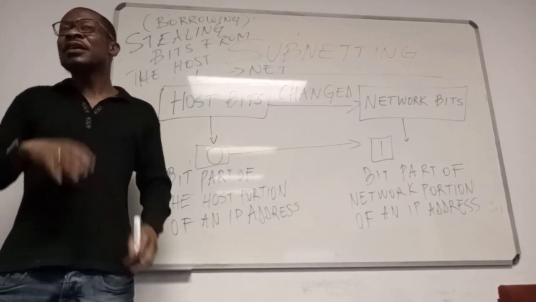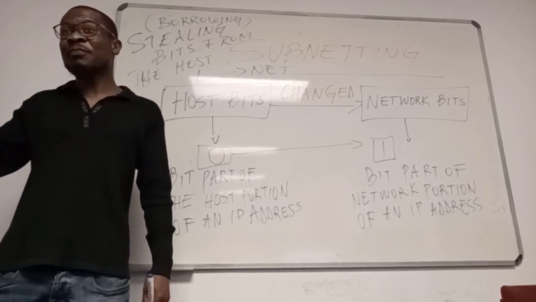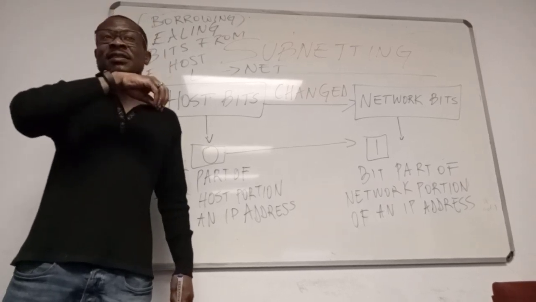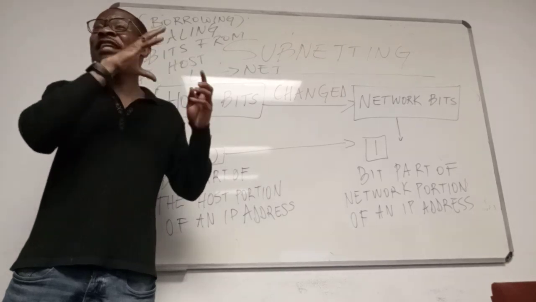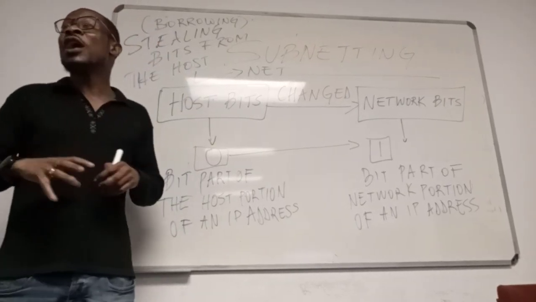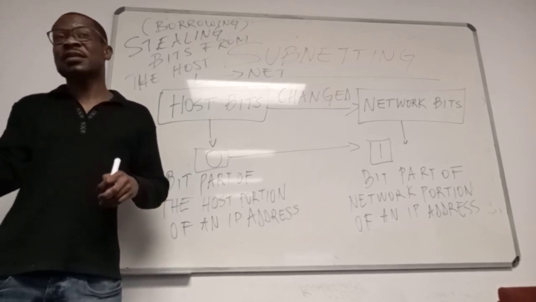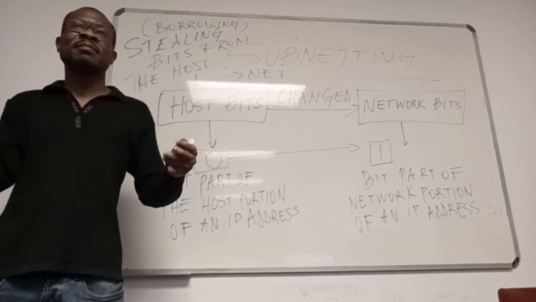So I'm saying, okay, you are the host part, but I'm gonna take something from you and give it to what? To the network part. In order for my network part to be larger and split it. Right? So we are going to start borrowing some zeros from the host, change them to 1s.